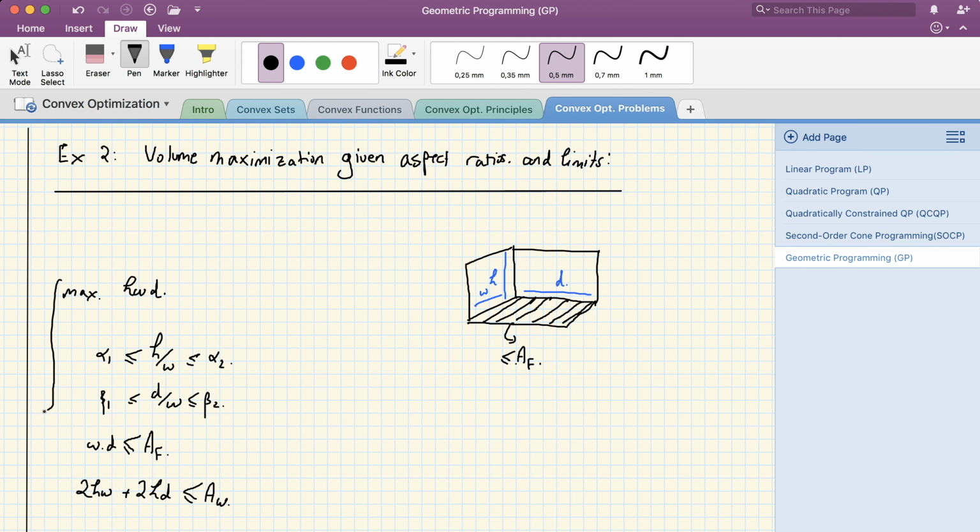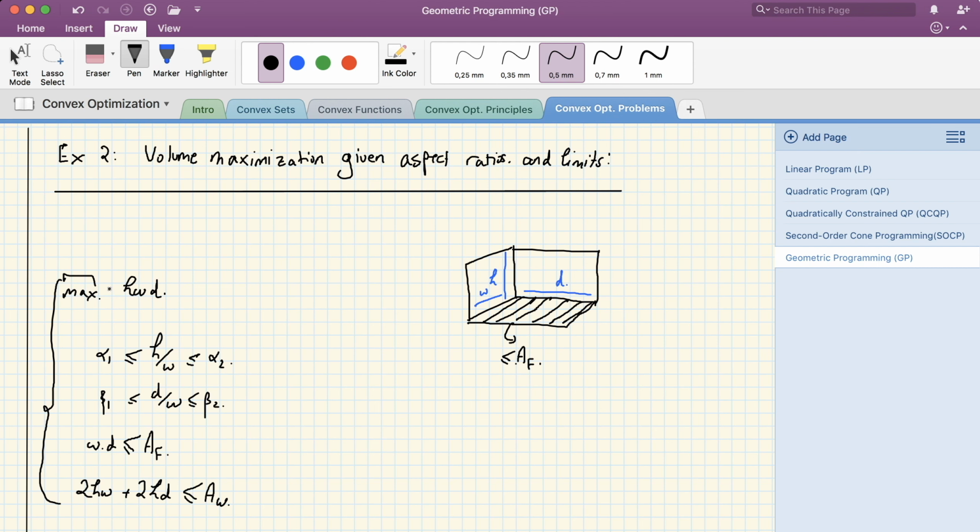So this problem happens to be a geometric program. The first thing you should pay attention to here is that you have a maximize, and you're not allowed to insert a minus. It doesn't make sense, so your domain here is R^n_++.